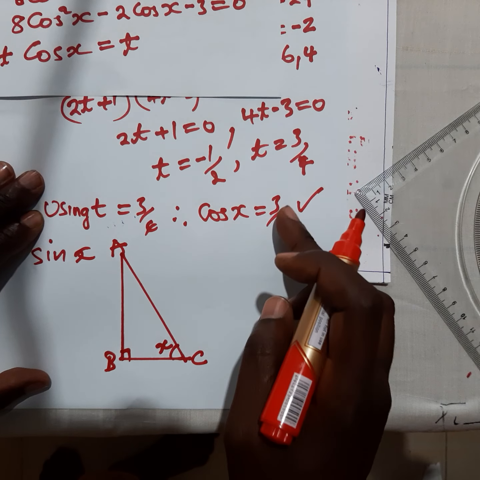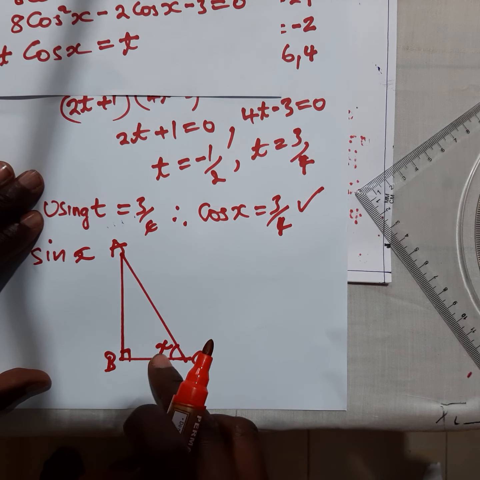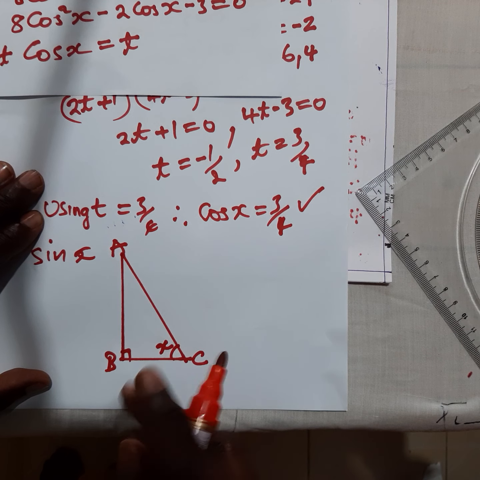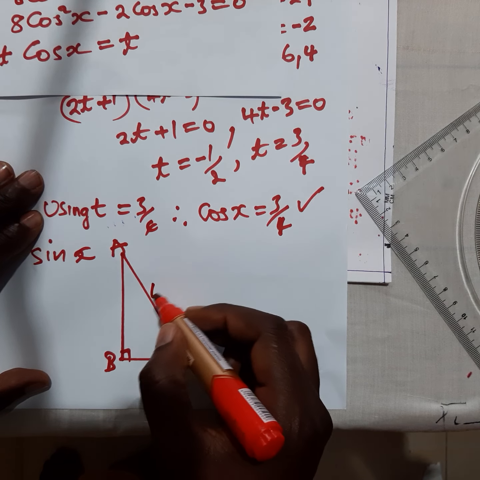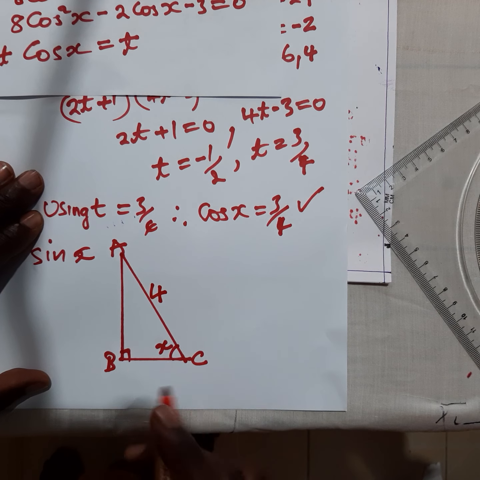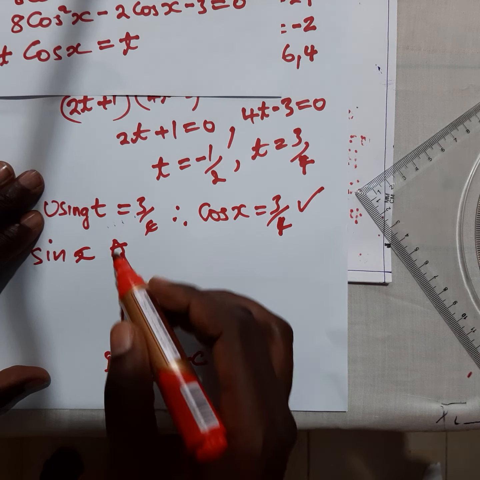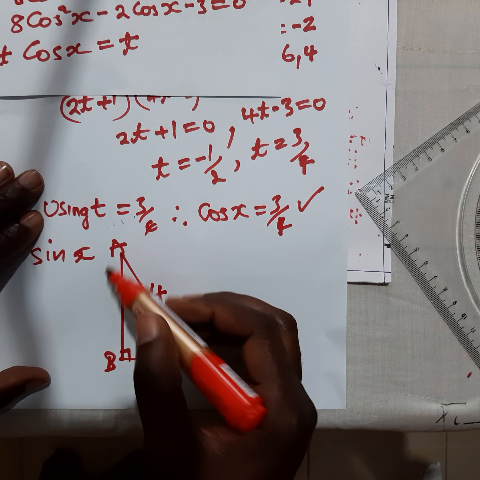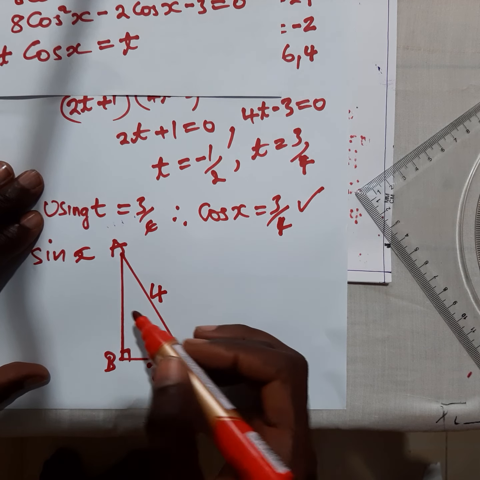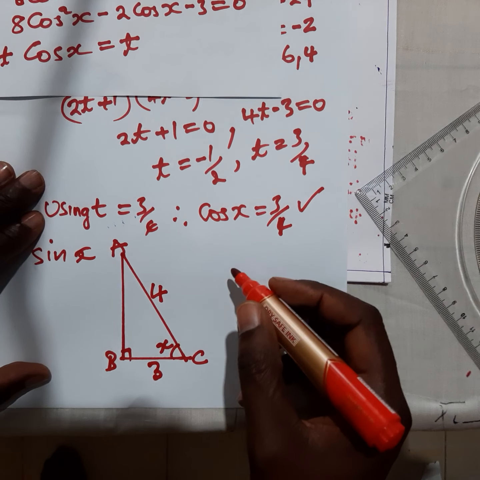Using cos x equals 3 over 4, if this is our x, then the hypotenuse will be 4 and the adjacent will be 3. So we can look for AB.